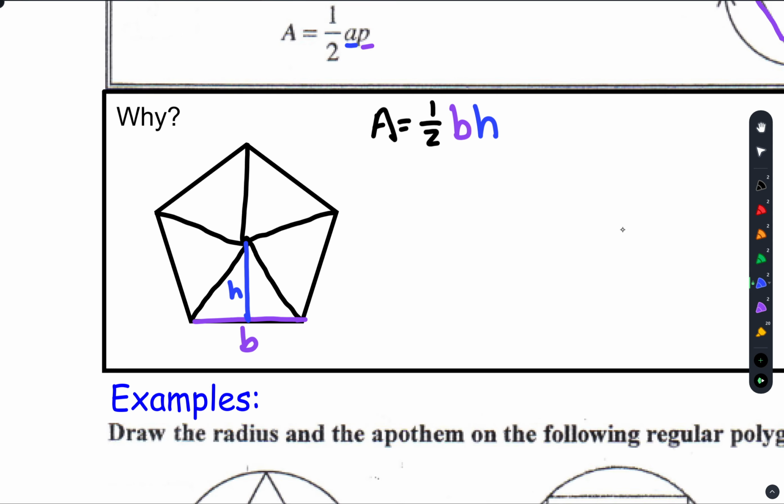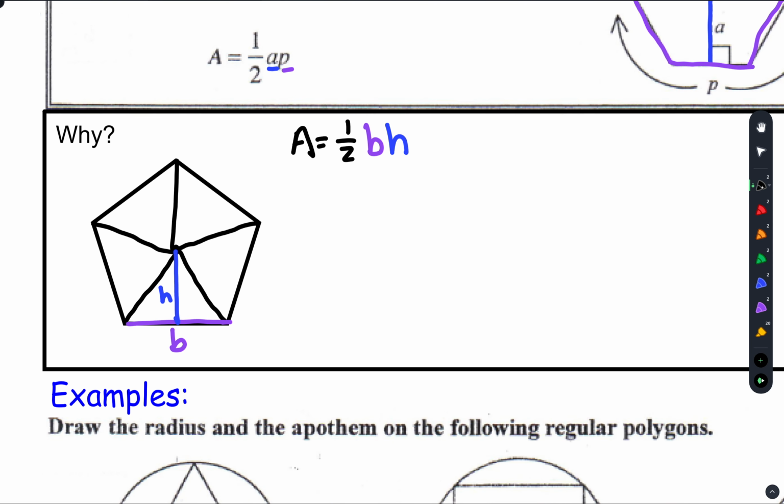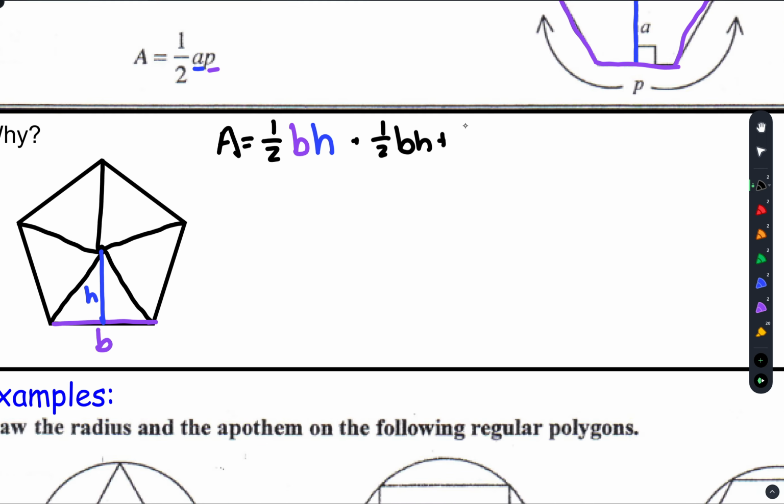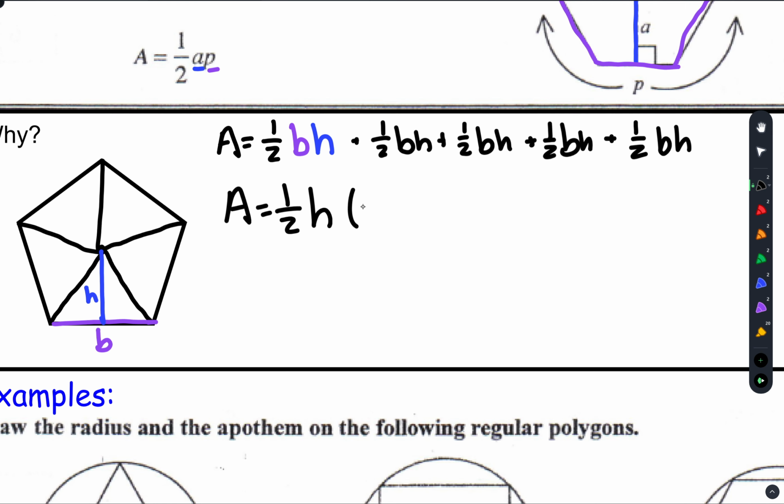right? And now, what if I need to find the entire area of this shape? Well, I'm just going to do that for all 5 of the triangles that I've now drawn. Right, that's 5 of them. I'm going to use a little bit of algebra magic to take out a GCF of 1/2 height, which leaves me with base plus base plus base plus base plus base.